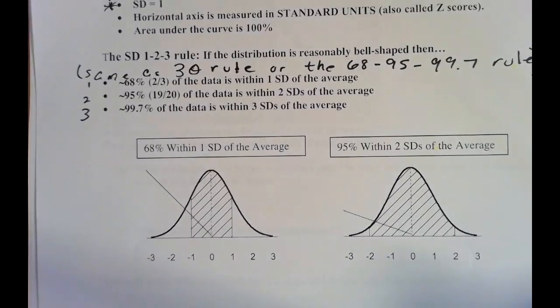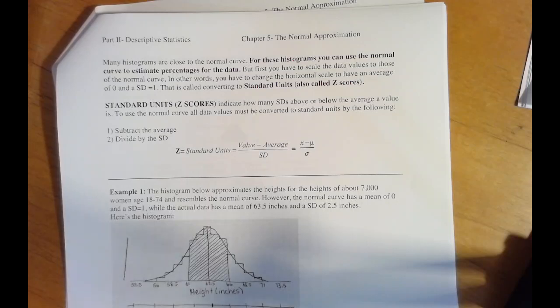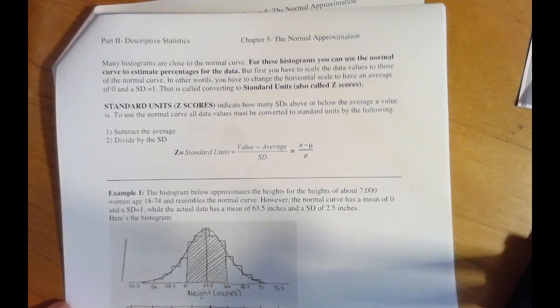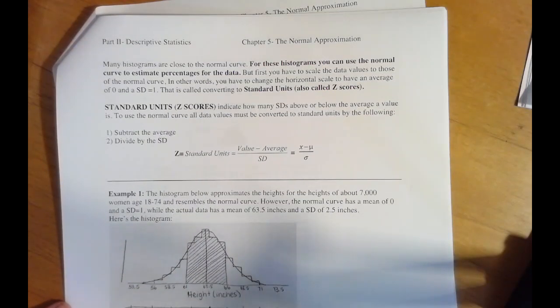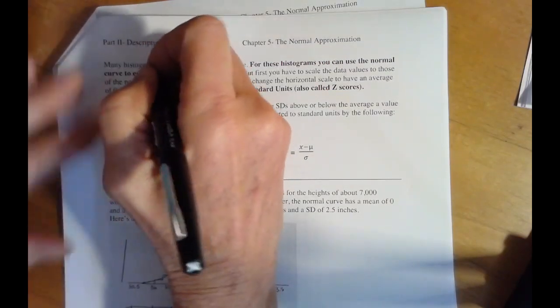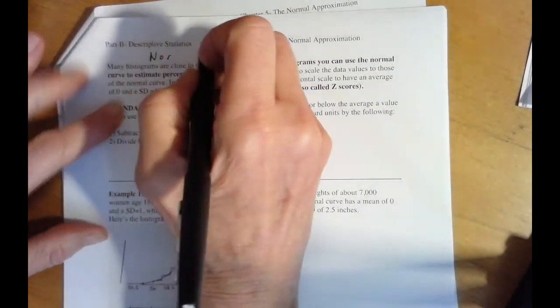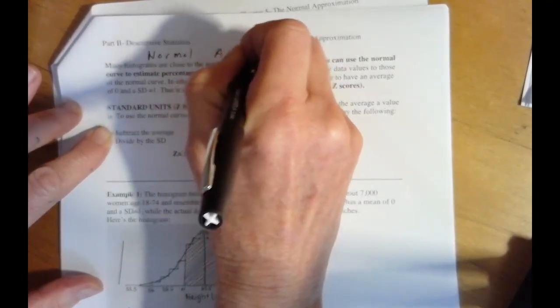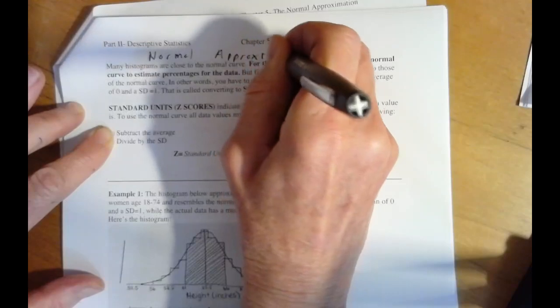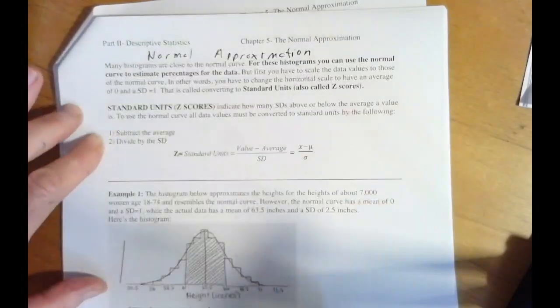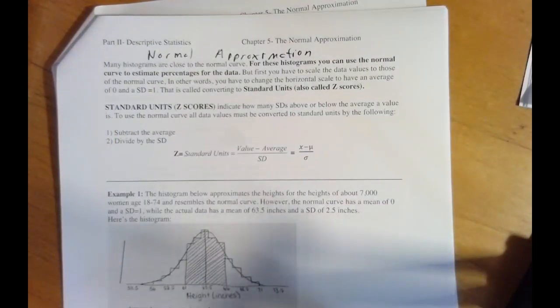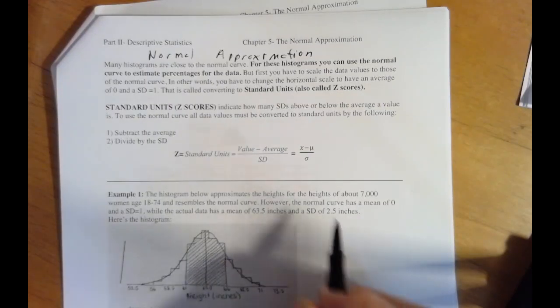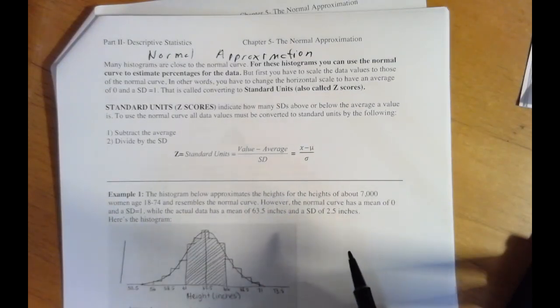So let me see if I can zoom out here. Okay, so this normal curve is really useful to do what's called the normal approximation. Since many data sets resemble the normal curve, you can translate them into a normal curve.